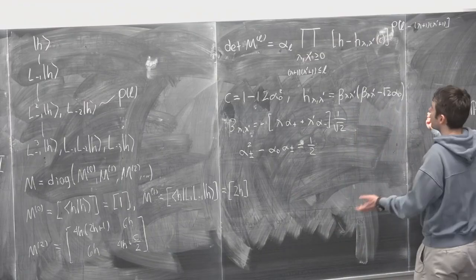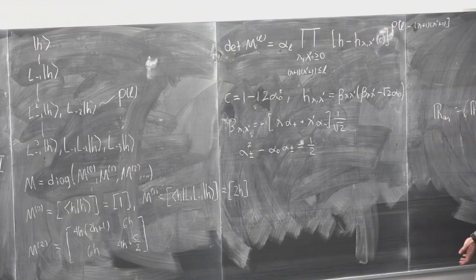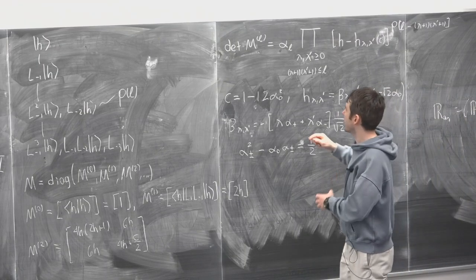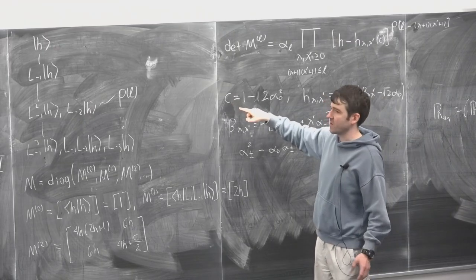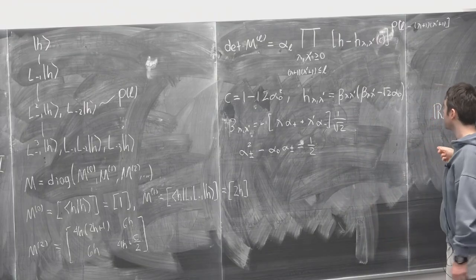So the only proof I know of this formula is very physicsy, so I won't cover it in detail, but it involves capturing this central charge using some auxiliary theory of charged free bosons.